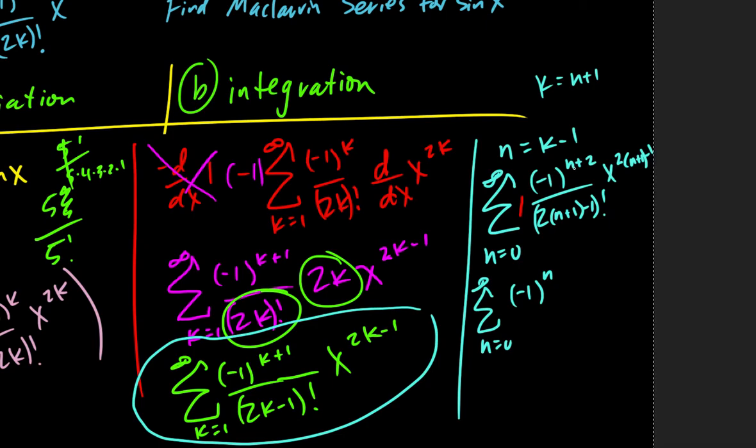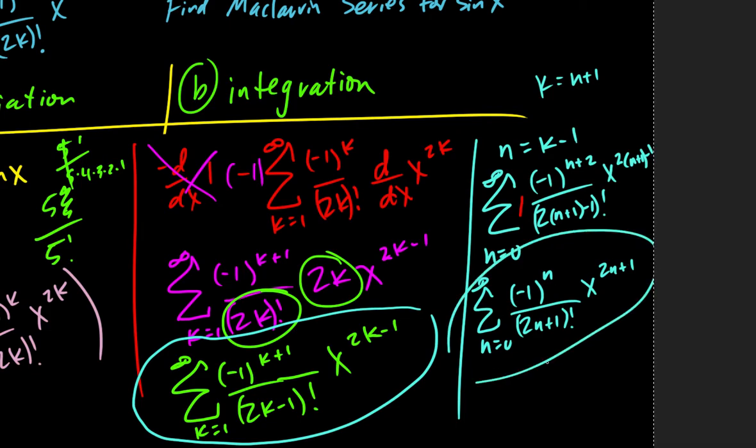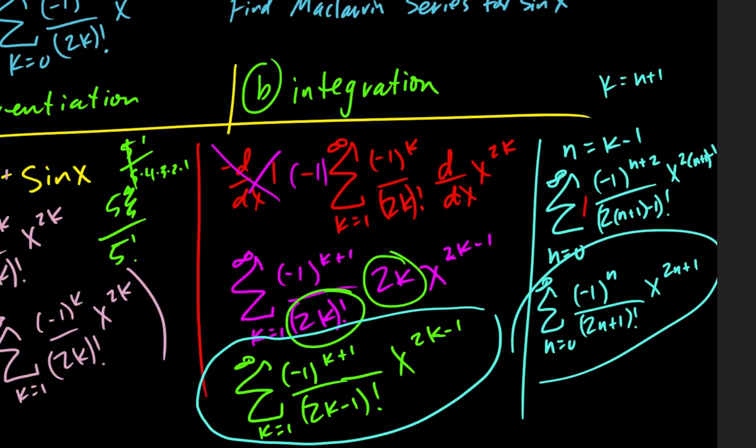If n was a 4, 4 would give us a positive, but 6 would also give us a positive, so it's a little redundant. Okay, the bottom, 2n plus 1 factorial, and then x to the 2n plus 1. Okay, so that's through differentiation.